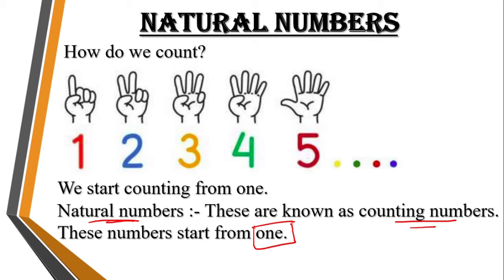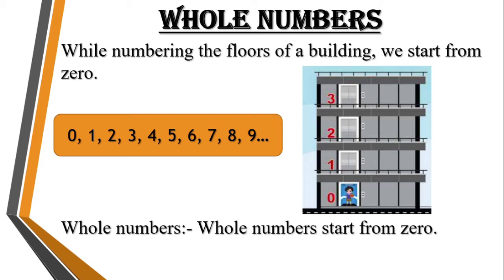That's it. Counting numbers, everyone knows they start from 1. So natural numbers also start from 1 only. What we remembered is that counting numbers is equal to natural numbers. Then if counting numbers start from 1, natural numbers also start from 1 only. So like this, we can remember natural numbers. So this was about natural numbers.